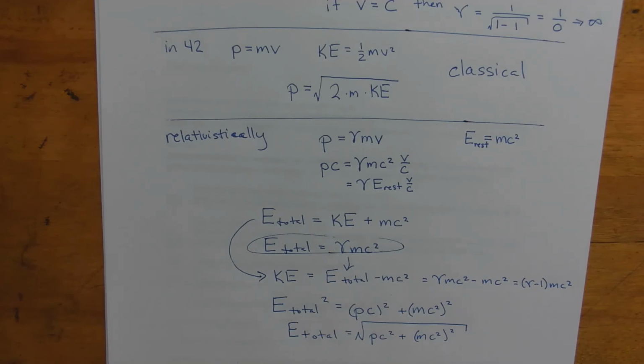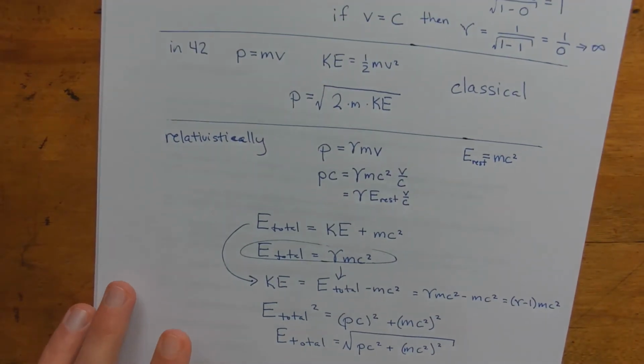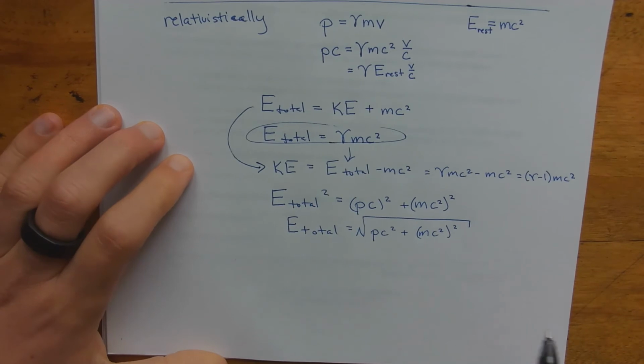Okay, and then as a device to help you remember these relationships, we can do the following. There's also a similar figure in the folder on the M drive, and it is called relativistic energy. Okay, so this is just a device to help us remember these equations.